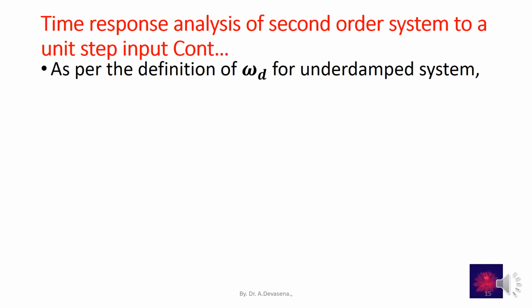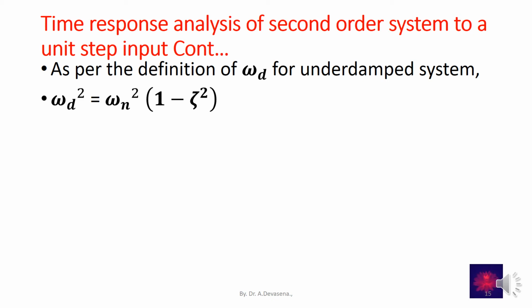As per the definition of ωd for an underdamped system, ωd² is equal to ωn²(1 minus ζ²), because we have defined ωd as ωn into the square root of 1 minus ζ².